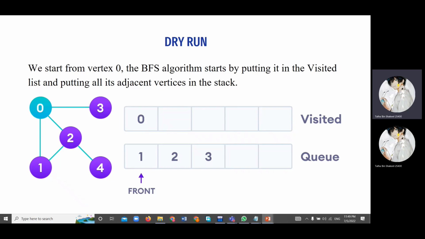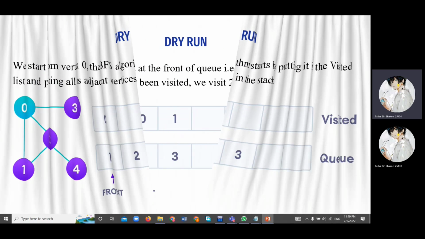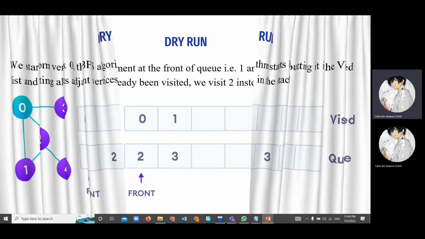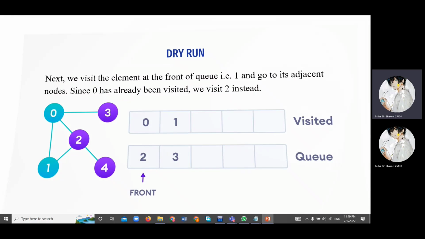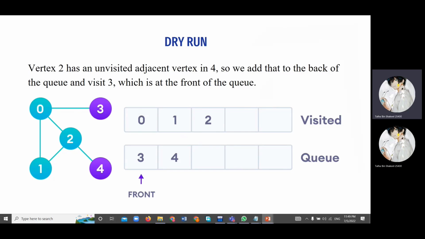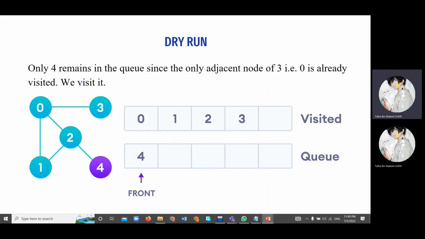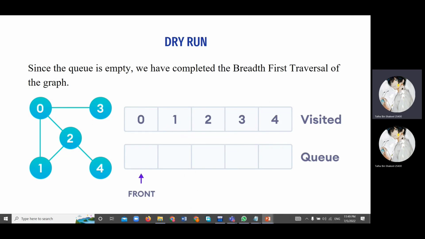We dequeue 1 and it goes into the visited array. Next we have 2. We dequeue it and it goes into the visited array. Next we dequeue the third node and it goes into the visited array. Next we dequeue the fourth and it goes into the visited array. So here we have completed the breadth first traversal of the graph.